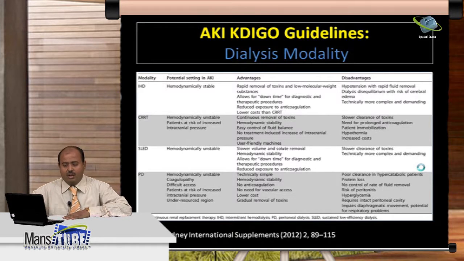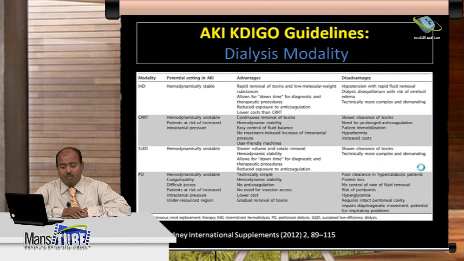Intermittent hemodialysis is the potential setting in acute kidney injury for patients with hemodynamic stability, so it is fitting for the patient with good blood pressure. And continuous renal replacement therapy is for the patient with hemodynamic instability or the patient at risk of increased intracranial pressure.